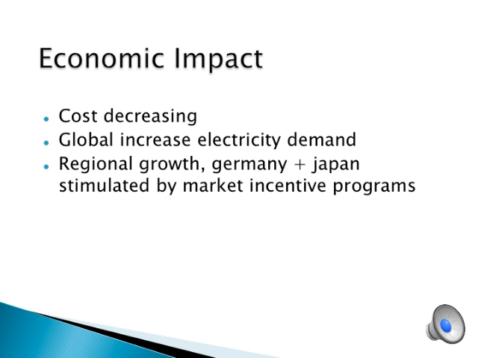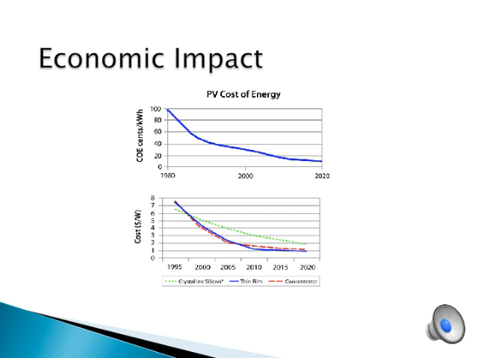Here are some challenges. There is a very toxic byproduct while the solar panels are being made, and it is really hard to get rid of it. It is also more expensive to produce than other alternative energies.